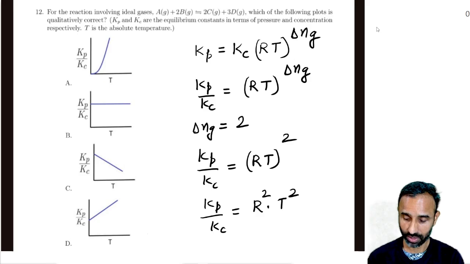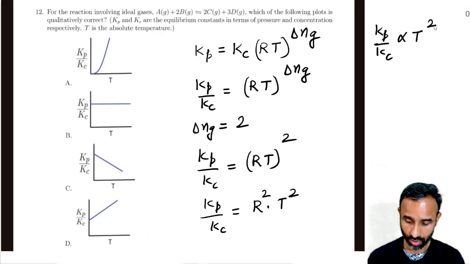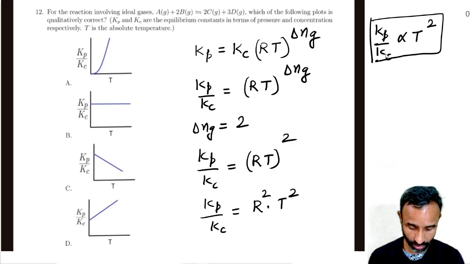So that means Kp by Kc is proportional to T square. But we have to plot a graph between Kp by Kc versus T. When T increases, obviously Kp by Kc increases, but not linearly.